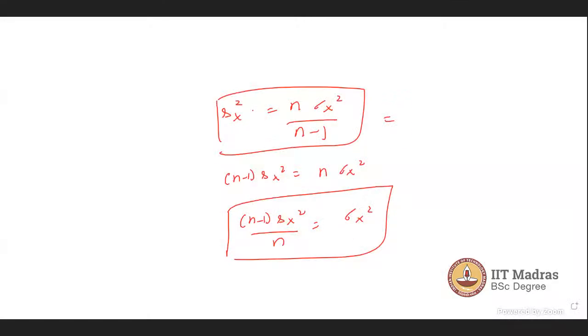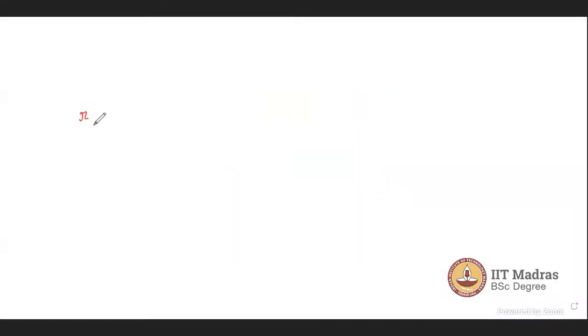Sir, in this formula, we have to take only the population standard deviation, no? Yeah, take the population standard deviation, where p0 is the proportion, the number of observations belonging to category 0 upon the total number of observations, and p1 is this, right?